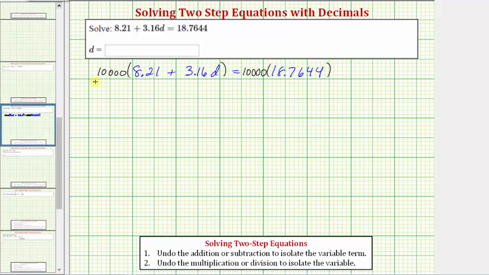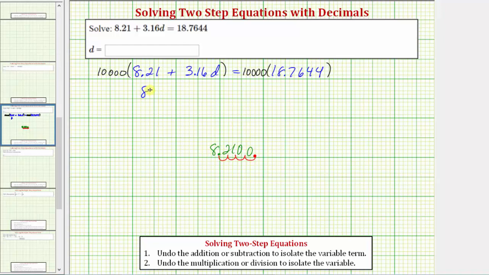So now multiplying 10,000 times 8.21, again, is the same as moving the decimal point to the right 4 places. So if we have 8.21, move the decimal point to the right 4 places, we have 1, 2, 3, 4. We fill in the missing digits with zeros, which would give us 82,100.